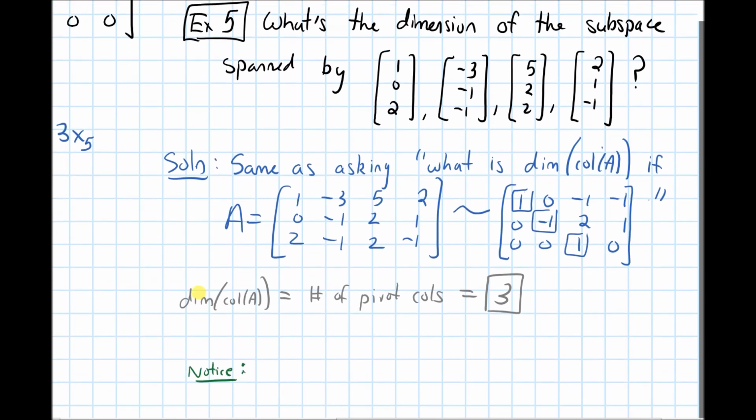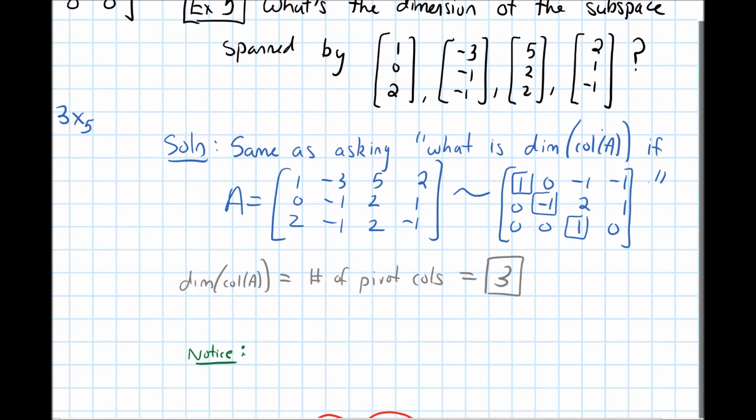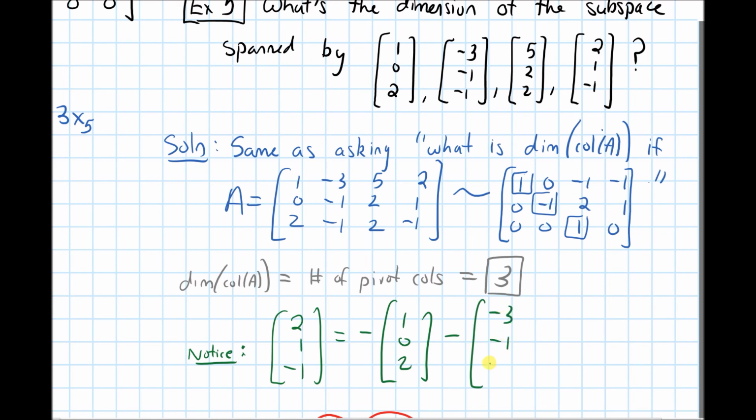Just on a conceptual level, because the dimension of the subspace is 3, that means at least one of these vectors we should be able to write as a linear combination of the others. Notice that the last vector, 2, 1, -1, is -1 times the first vector, 1, 0, 2, and then -1 times the second vector, -3, -1, -1.